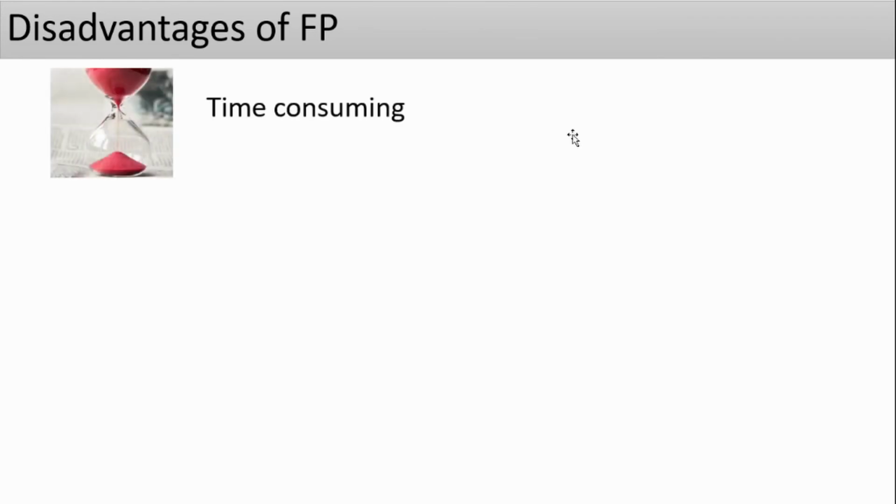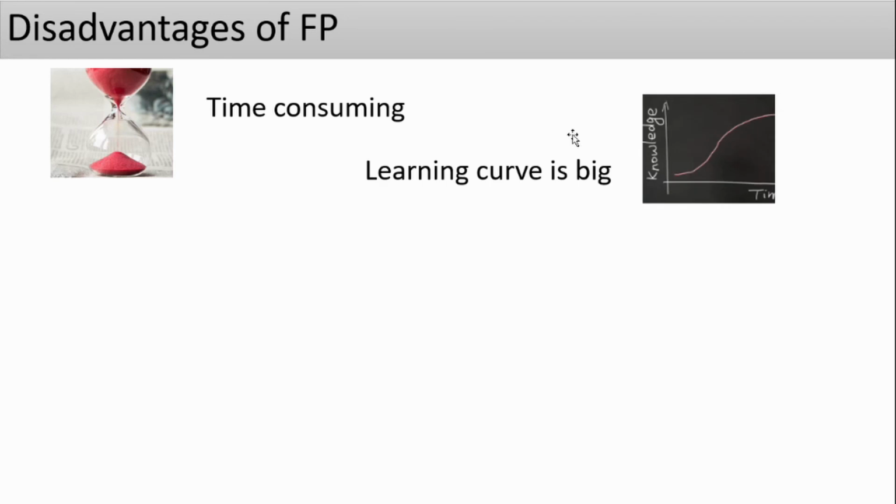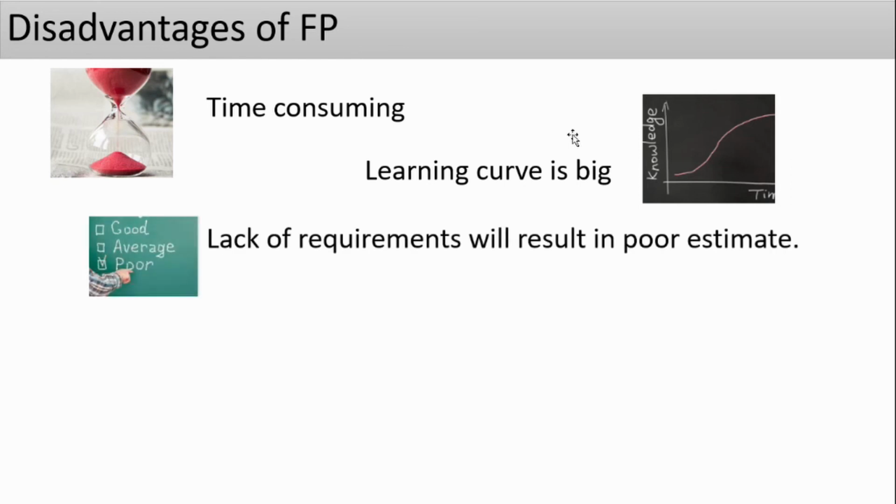Let's look at some of the disadvantages of function point estimation. It's a time-consuming process. The learning curve is big. We need to understand a lot of different parameters to effectively estimate a function point. Then, the lack of requirements might result in a poor estimate, because we need to understand all the various functions that are interacting with the system to get a more accurate estimate.